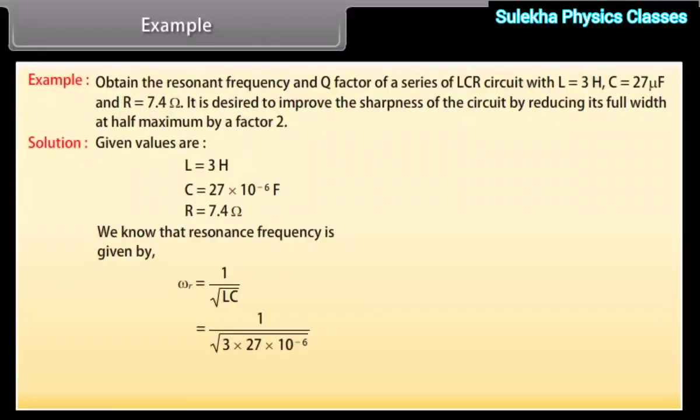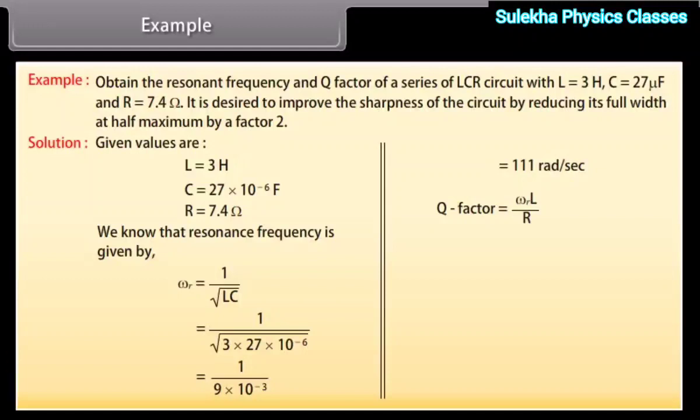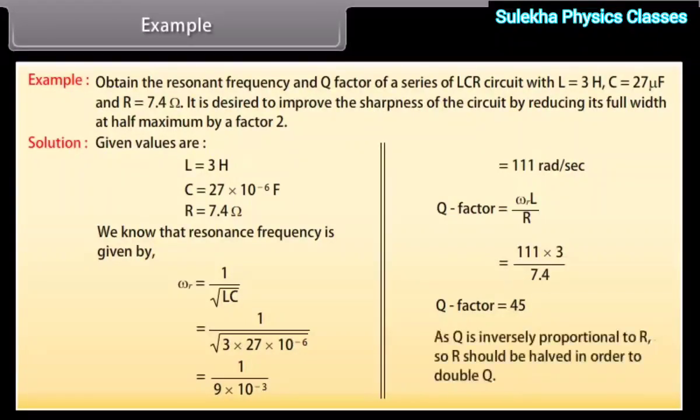Now, putting the values, we get resonance frequency equals 111 radian per second. Q factor is equal to omega naught L upon R. Now, putting the values, we get Q factor equals 45. As Q is inversely proportional to R, R should be halved in order to double Q.